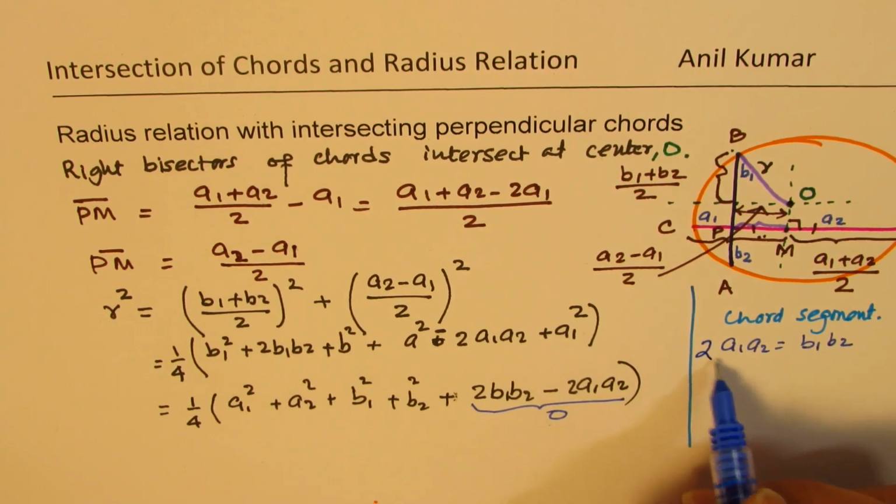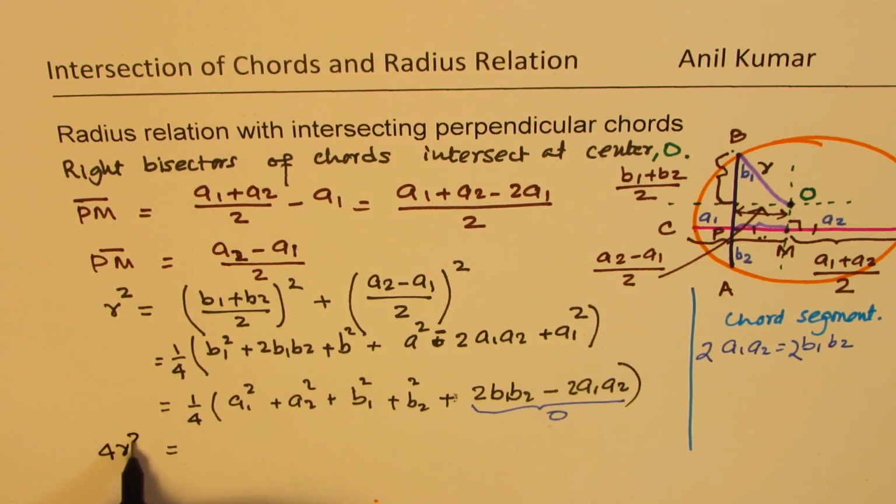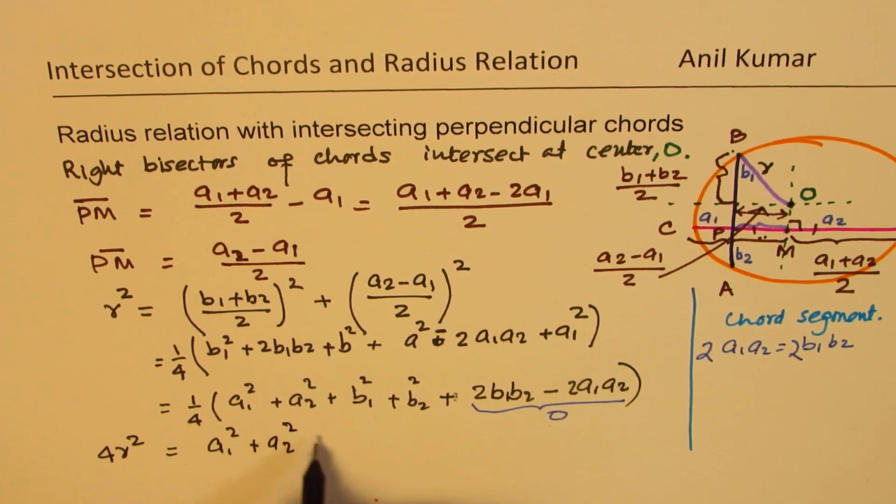So this part is 0. So what we get here is we can just cross multiply. We can say 4r square equals a1 square plus a2 square plus b1 square plus b2 square. Is that clear? Since that is 0, right?